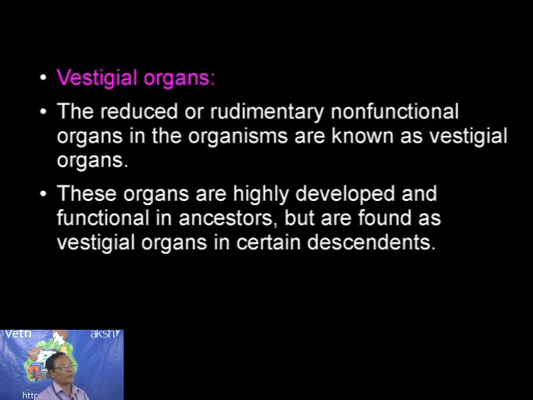Even the vermiform appendix was highly developed in our ancestors for the digestion of cellulose. So those organs which were functional in the past, but are now reduced, rudimentary and non-functional, are called vestigial organs. Normally these organs are highly developed in our ancestors and become non-functional in certain descendants.